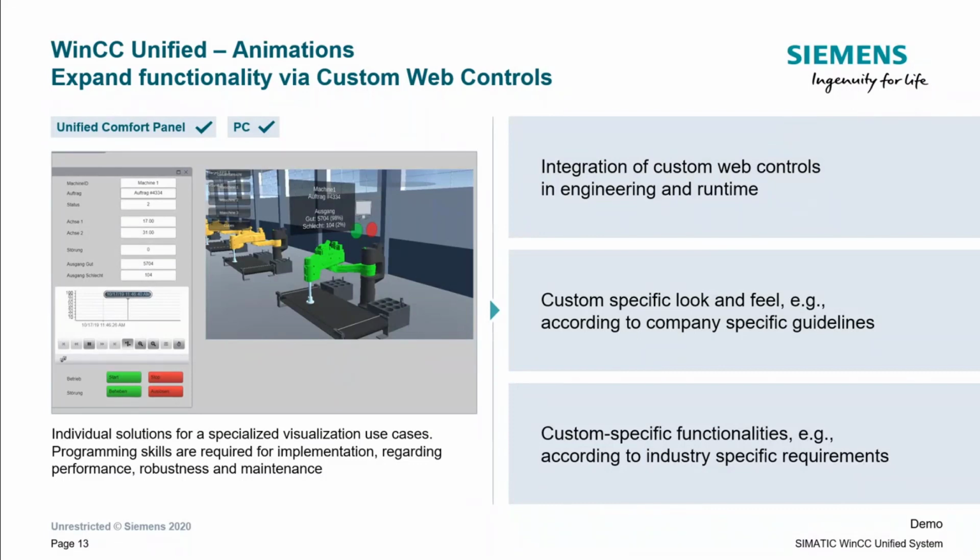For example, you may have position tags for an X, Y, Z axis on an XY machine, and link those tags and actually have the animation moving in real time. This web control is not necessarily straightforward. There is a little bit of engineering work involved, but it does look very good and it's a very powerful feature.